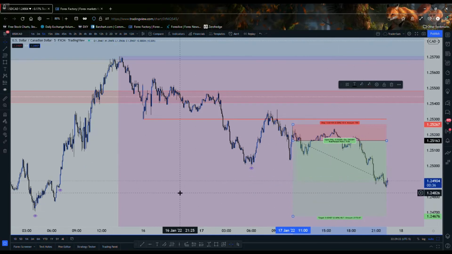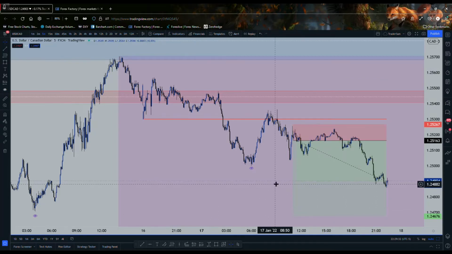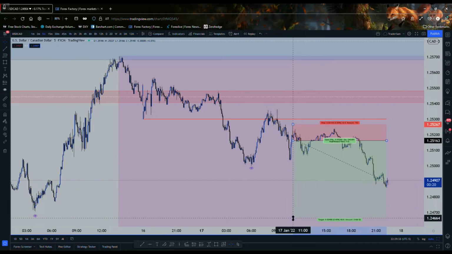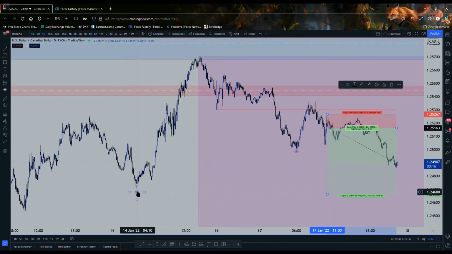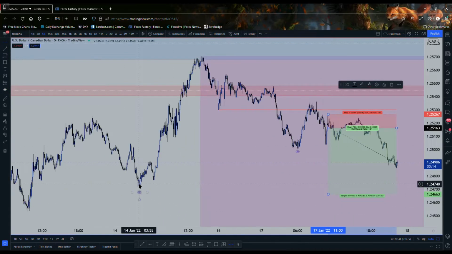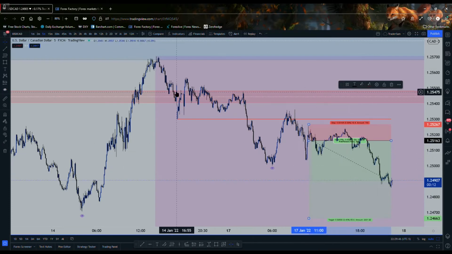For the most part, I've actually taken 70% of my profits out. So this profit that I was supposed to take here, I've already taken that out at 30 pips. So my final destination is 50 pips, which is right below here. So this is as far as I'm looking at.